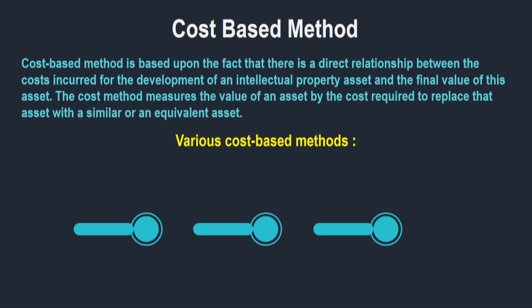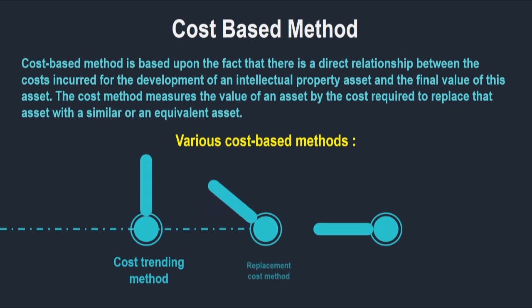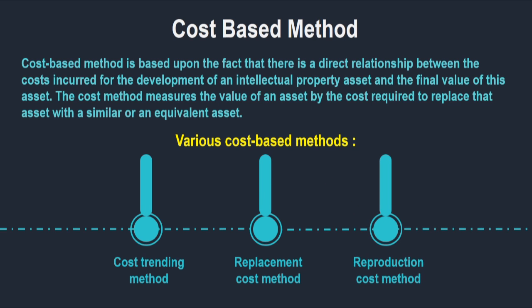That means, what cost is involved if instead of that particular IP asset you go for another equivalent IP asset. That is what we understand by the cost based method. Now, these cost based methods are further of different types: cost trending method, replacement cost method and reproduction cost method. The details of all these are given in the e-content of this unit.